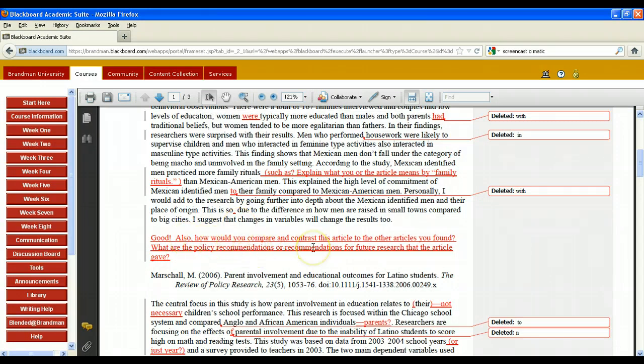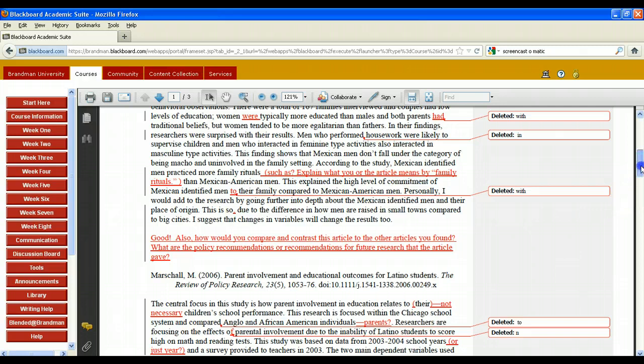A lot of students in Fall 2 forgot question number 5 because it was written differently in the original instructions and wasn't as clear. But you, of course, are required to answer question number 5, which is either comparing and contrasting this article to the other articles you found, or policy recommendations or recommendations for future research.